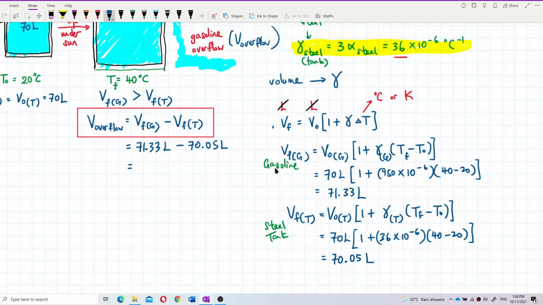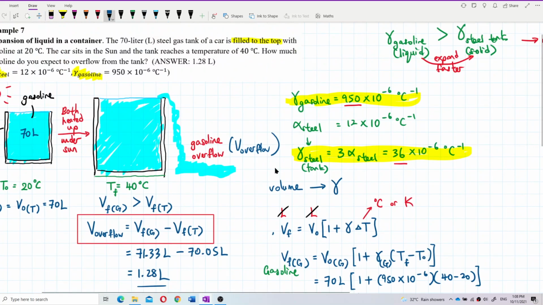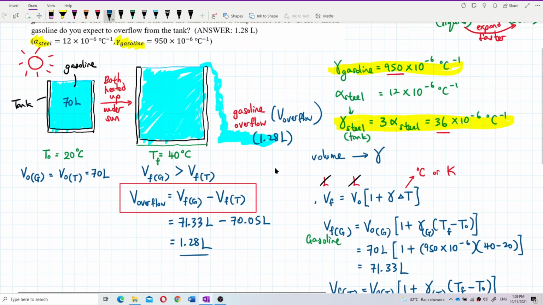The difference, 71.33 minus 70.05, is 1.28 liter. This is the amount overflow. So the overflow is 1.28 liter, whereas the container only expands from 70 to 70.05 liter, but 1.28 liter of gasoline overflows.